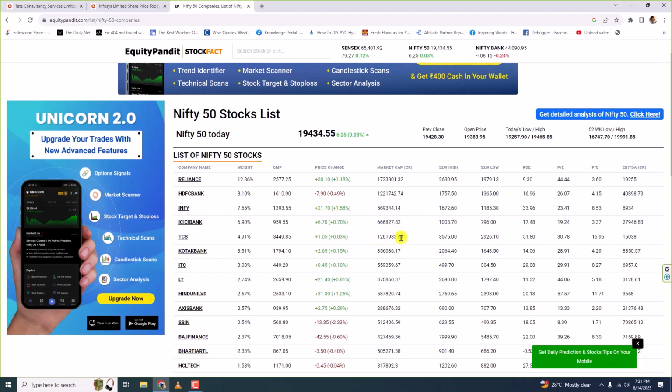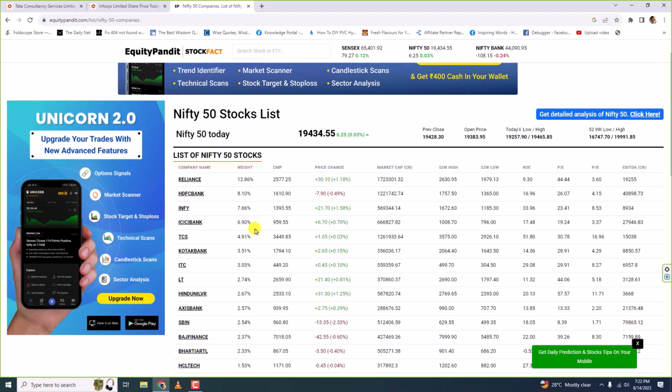But if you see here, TCS has market capitalization of this much, which is higher than Infosys. Correct? So Infosys has only this much, whereas TCS has this much. But then Infosys has more weightage when compared to TCS. So Infosys weightage is 7.66% and TCS weightage is 4.91%.